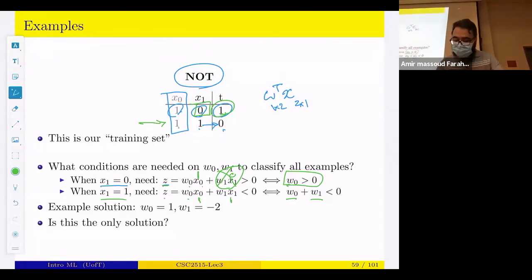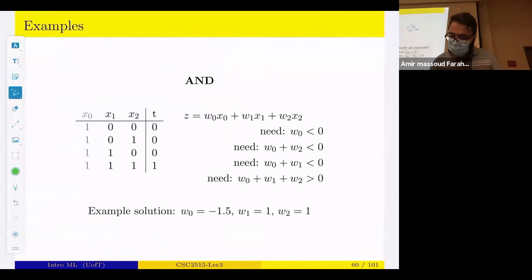One possible solution is W0 equal to 1 and W1 equal to -2, and we can verify that. Is this the only solution? No. If you multiply the weights by a positive constant, we also get the same solution. That's an important thing: the solution is not unique, and this is one of many solutions.